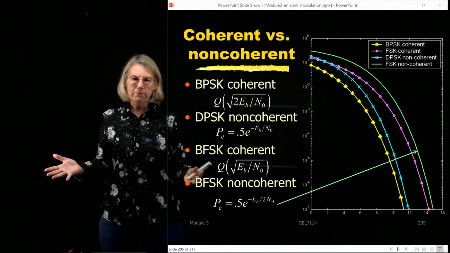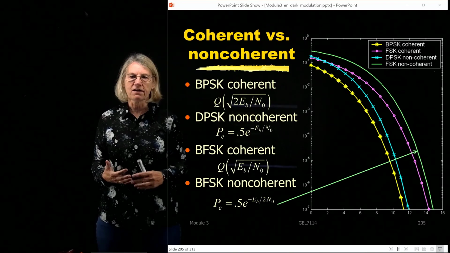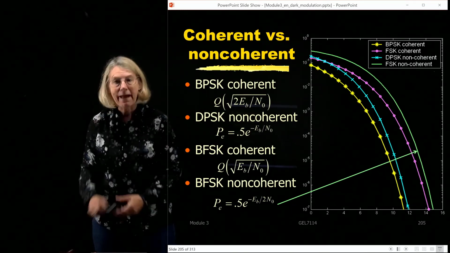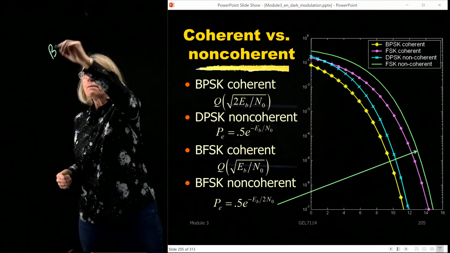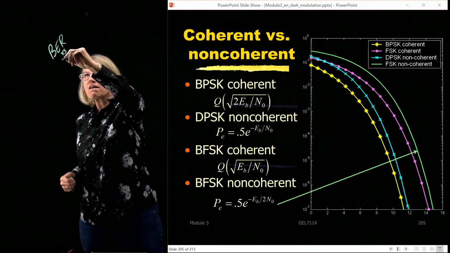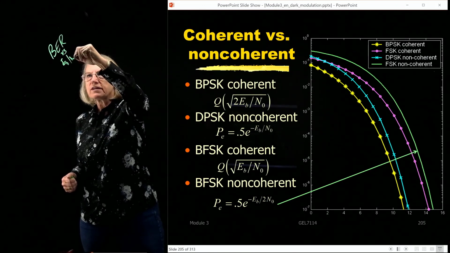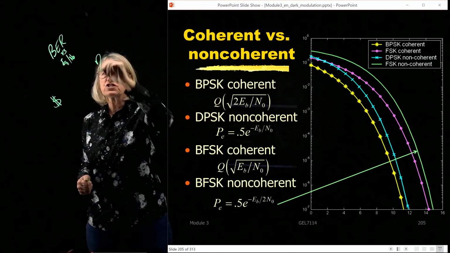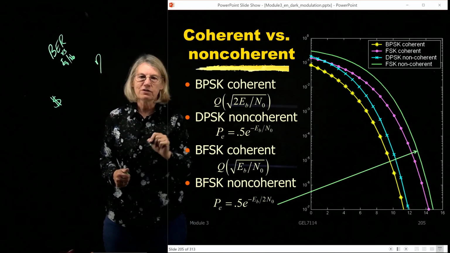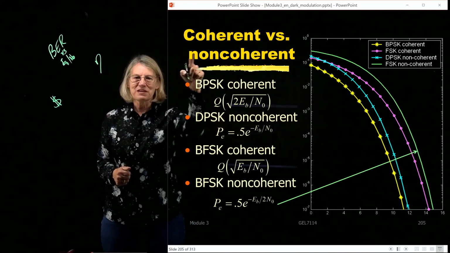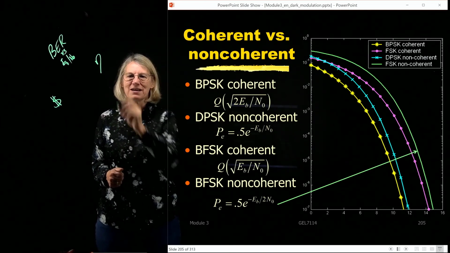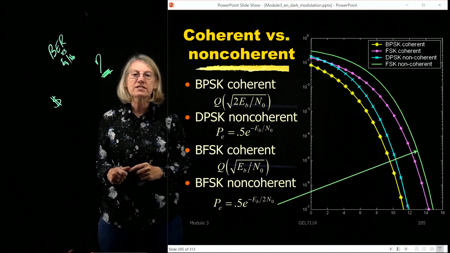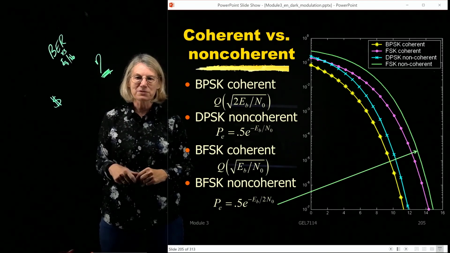So remember, there are many, many systems out there, each one having its own requirements to balance the 3 things we're worried about: bit error rate versus SNR, let's call it Eb over N0, the cost, and the spectral efficiency, which we really are getting to very, very soon, because I had to describe non-coherent and coherent before I could start talking about what the choices we're going to make are going to have an impact on the spectral efficiency.